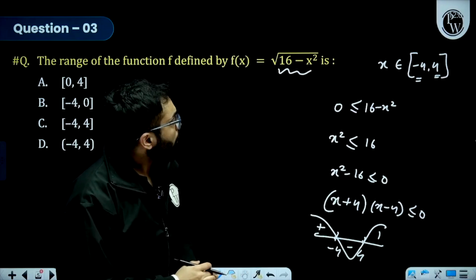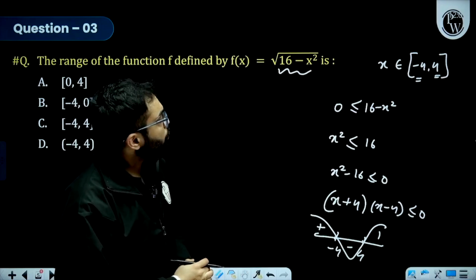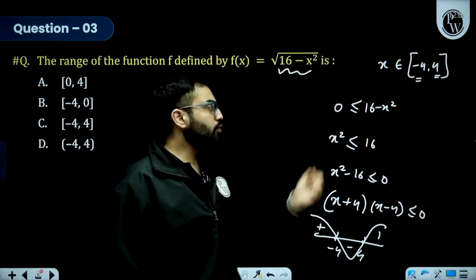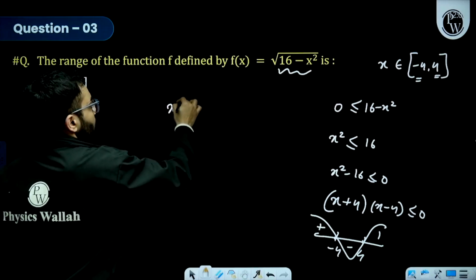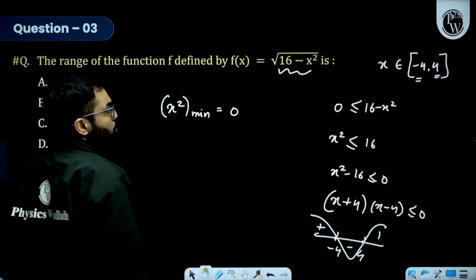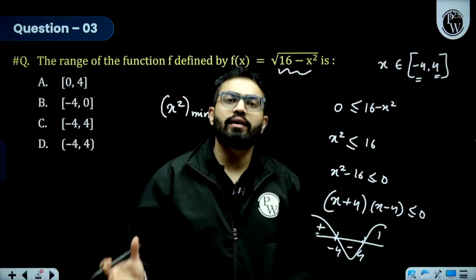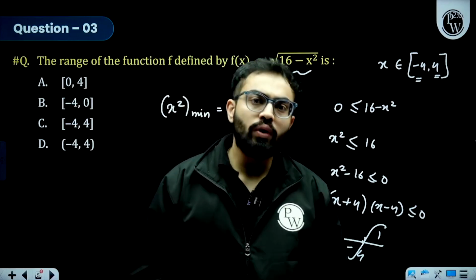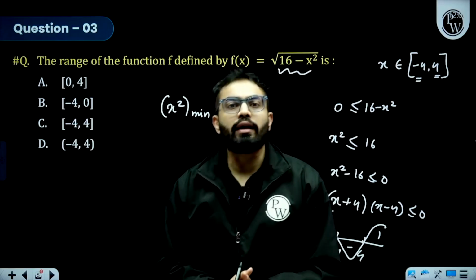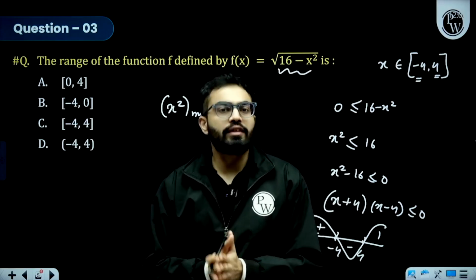Similarly, the maximum value will come when x square is minimum. The minimum value of x square is definitely 0. A perfect square cannot be negative, so its minimum value is 0.